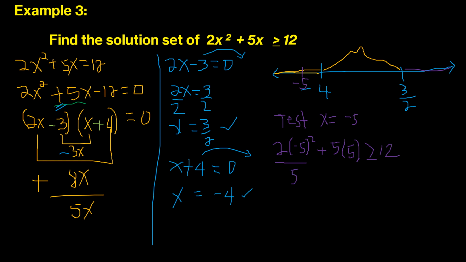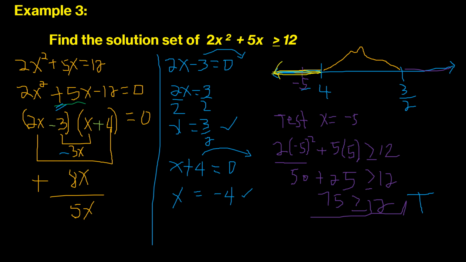So we have 50 plus 25, which is 75, and 75 is greater than or equal to 12. Since that is true, one part of our solution set is found in this region, the region at the left of our first boundary, negative 4.